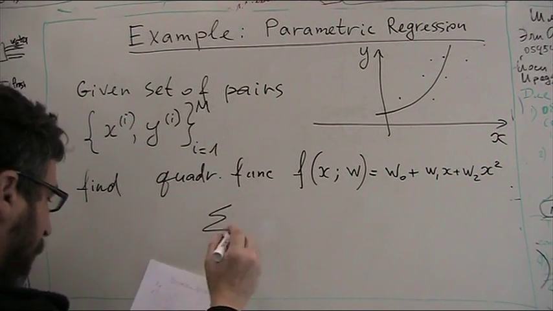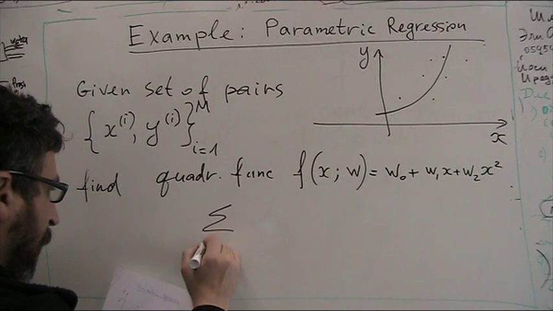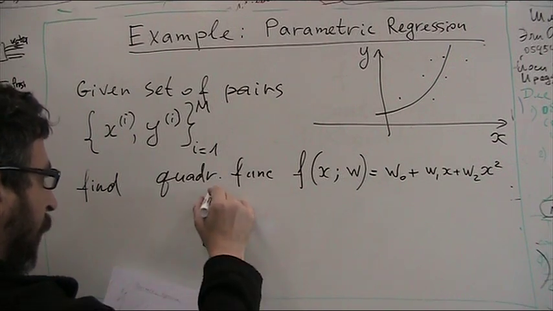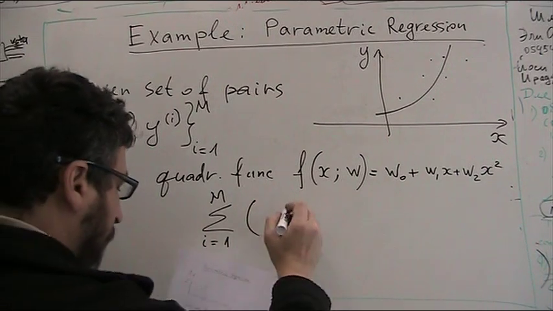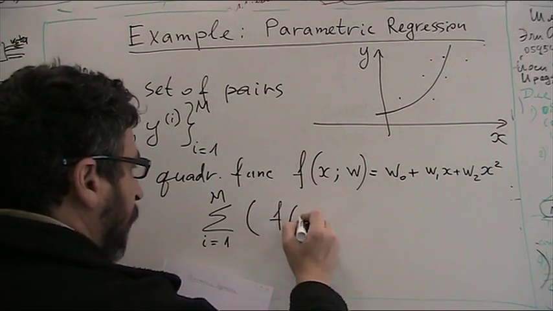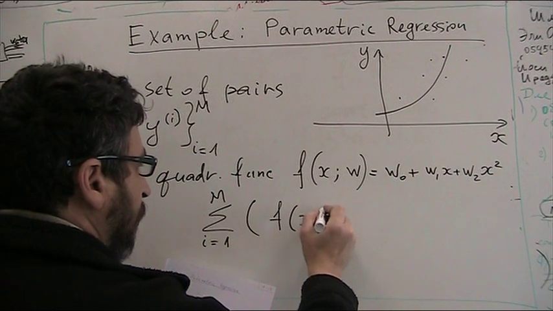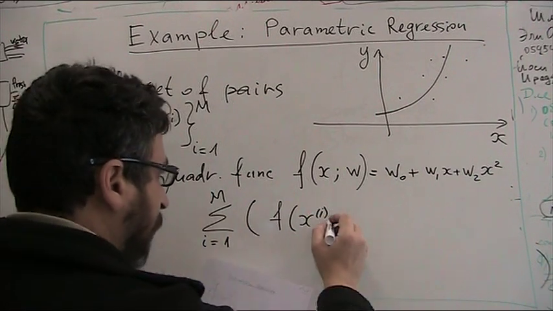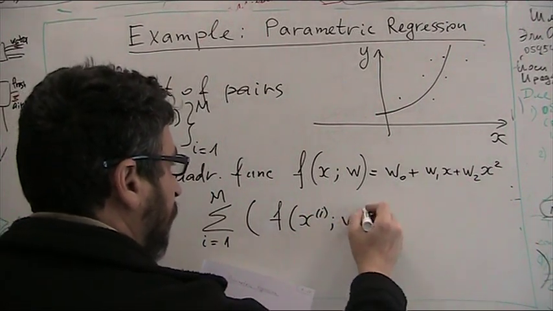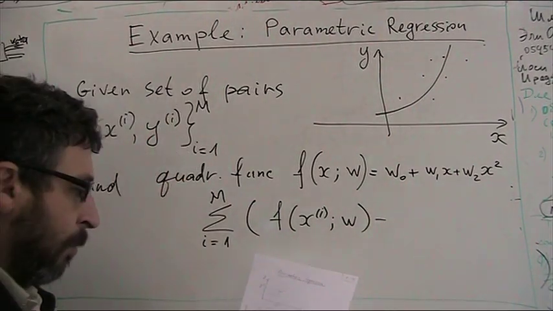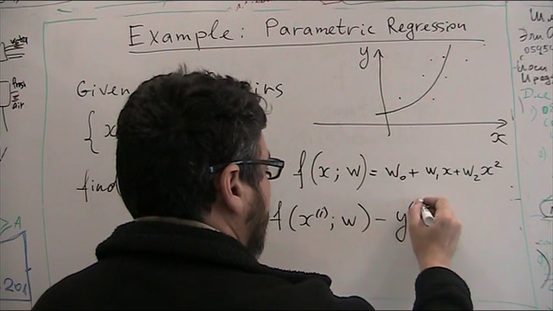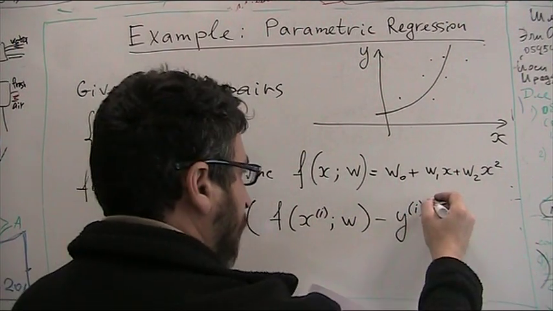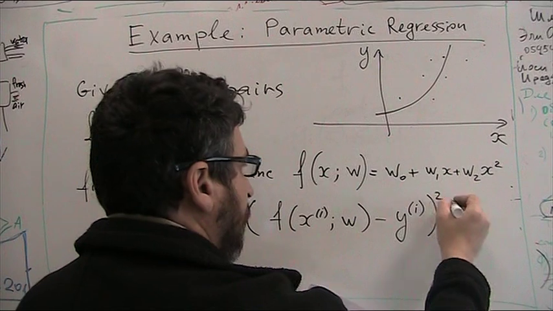Sum of errors, sum over points i from 1 to M, of the difference between my model f of x_i, the experimental point, and w, minus my measurement y_i, and all this squared.